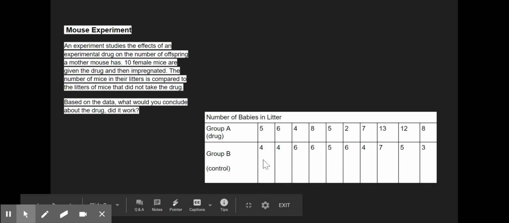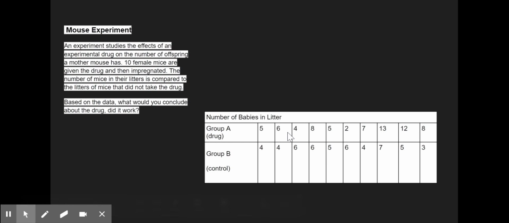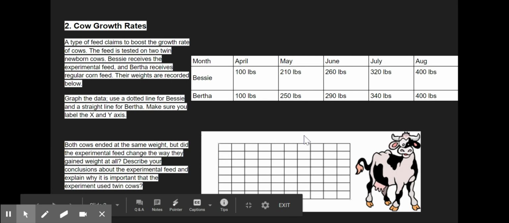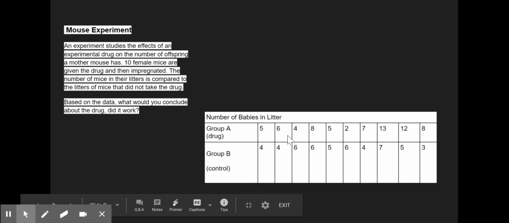These numbers seem a little bit higher, and we need to also know that 5 and 4, that's not really a significant difference. 4 and 6, so see it's changing here. So those are showing not significant changes. 5 and 4, 4 and 6, those aren't different. So 2 and 6, that's way different.